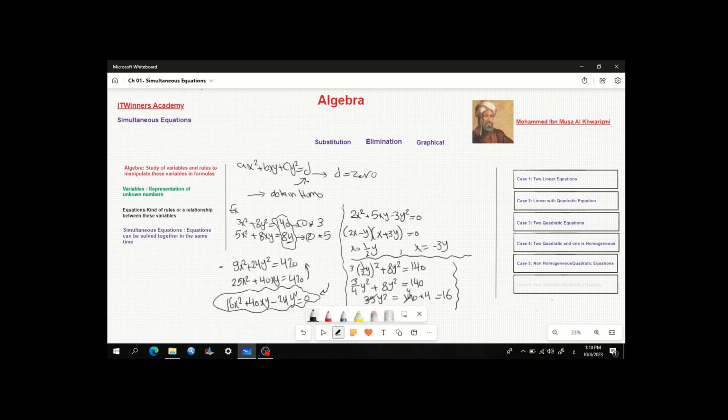Now y squared equal to 16, y equal to plus or minus 4. So when x equal to half y, now x equal to plus or minus 2. Okay, let's do the same thing with this case. Just clear that.